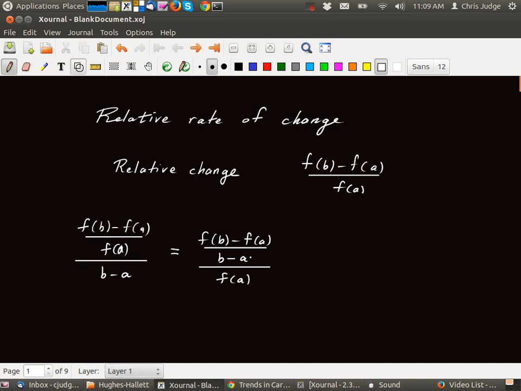Now if b is very close to a, then the numerator of this three-story fraction is going to get very close to the derivative. So this is approximately the same as f prime at a divided by f of a.